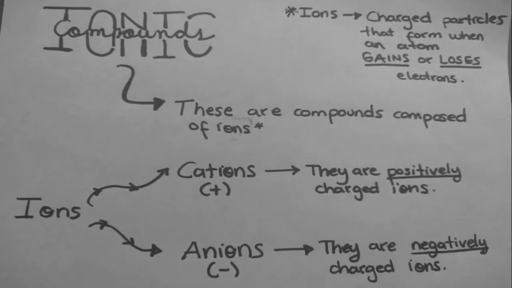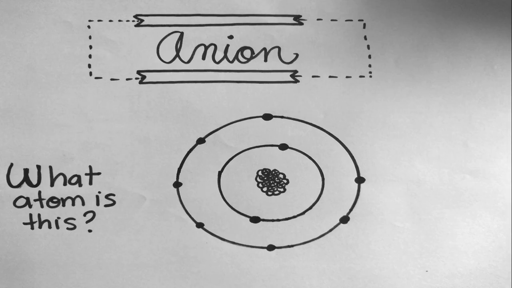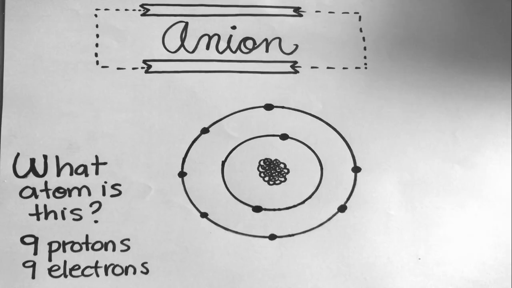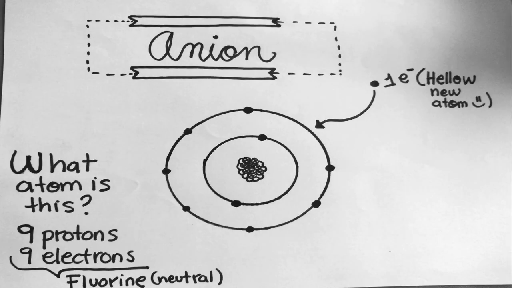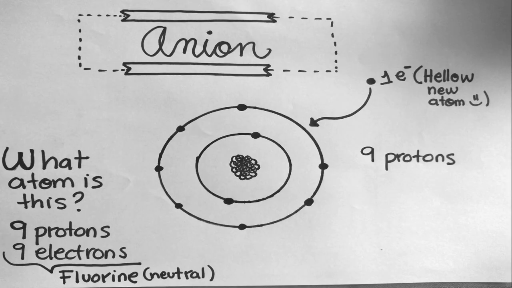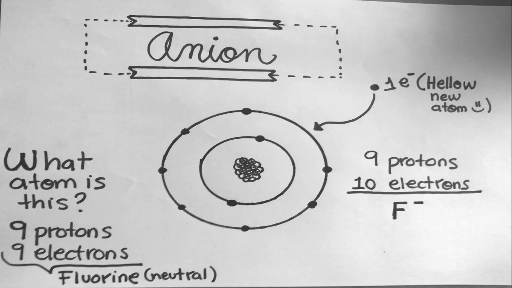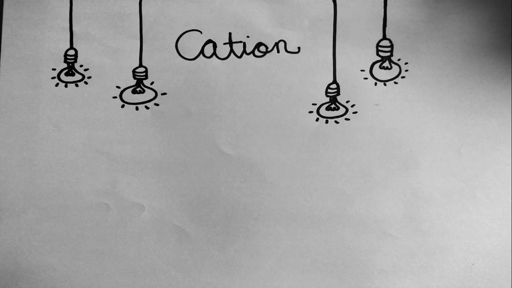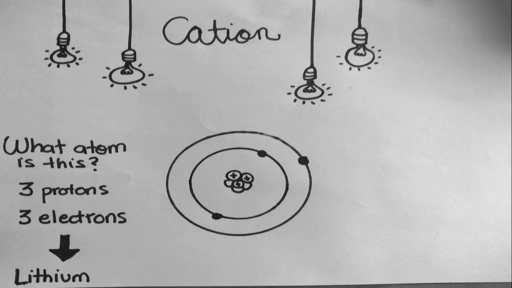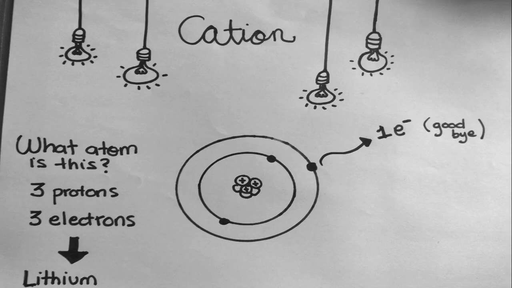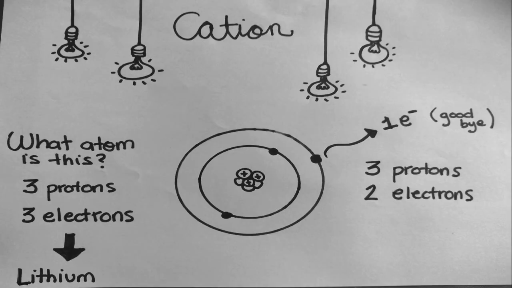When does an ion become more negatively or positively charged? When an atom gains electrons, this atom will become more negative. In this case, this atom will be an anion. On the other hand, when an atom loses electrons, this atom will become more positive. In this case, the atom will be a cation.